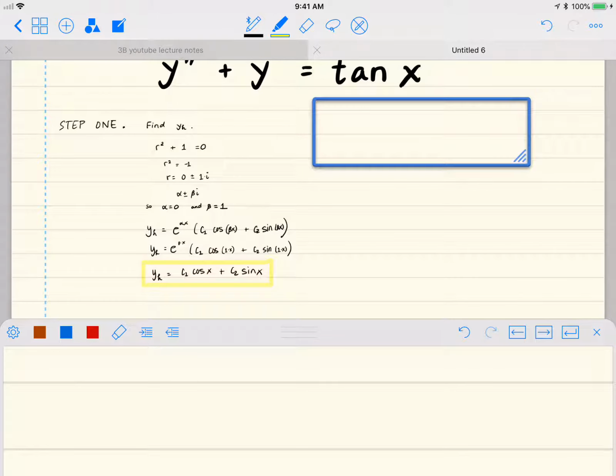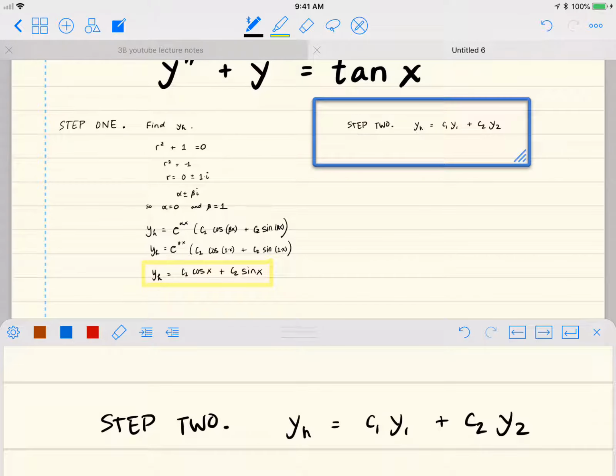And step 2 is we're supposed to figure out y1 and y2. So step 2, yh is equal to C1 y1 plus C2 y2.